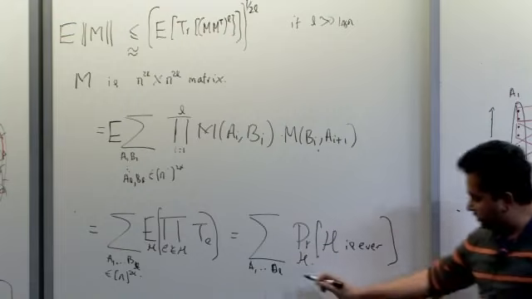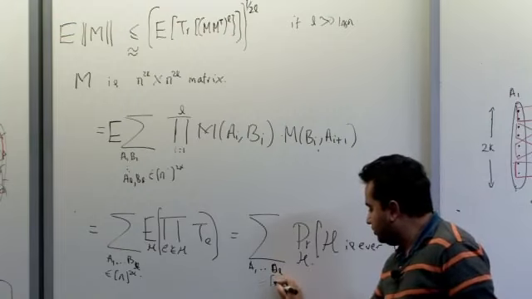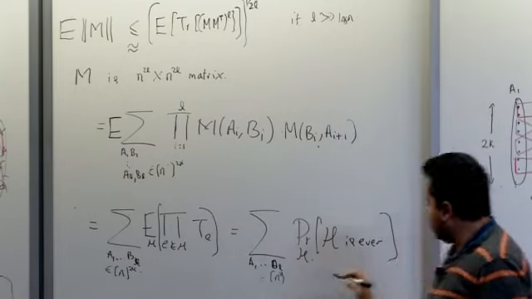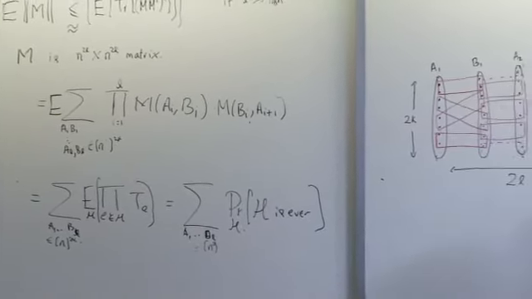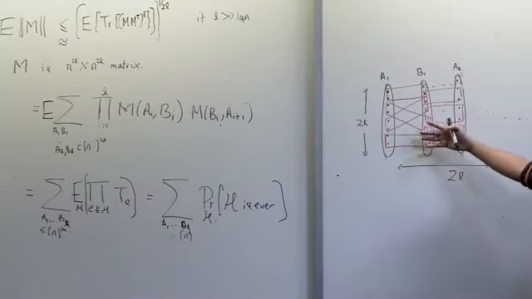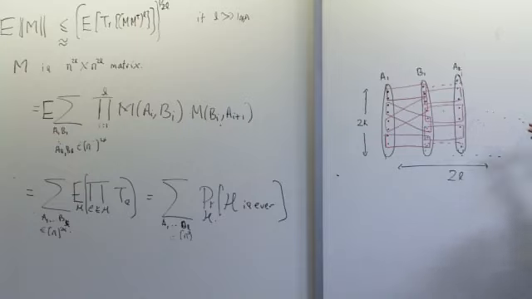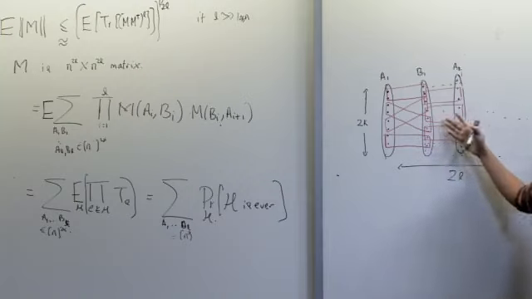So it's a sum over all tuples in [n]^{2k}. You just stack vertices like this, and then you pick a random hypergraph between the parts, and then you ask what's the probability that this hypergraph is even over the choice of these red edges.